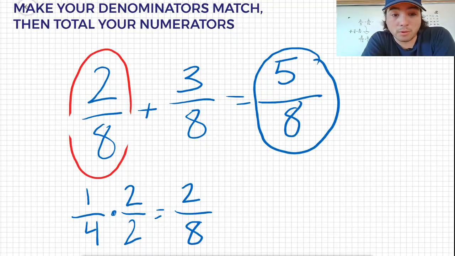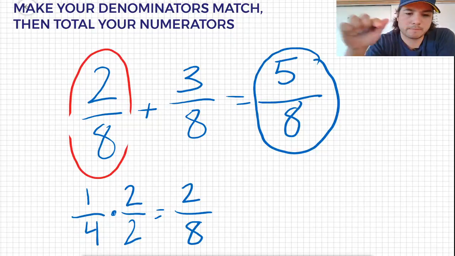Okay, whenever you can get one of these equations with fractions where you only have to make an equivalent fraction for one of them, it just makes our lives easier. So let's do it if we can. Okay, let's try another one.